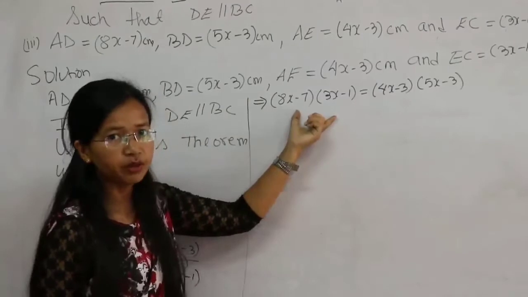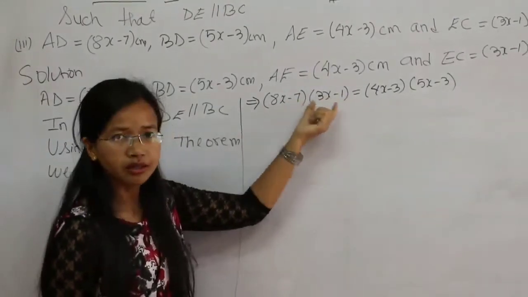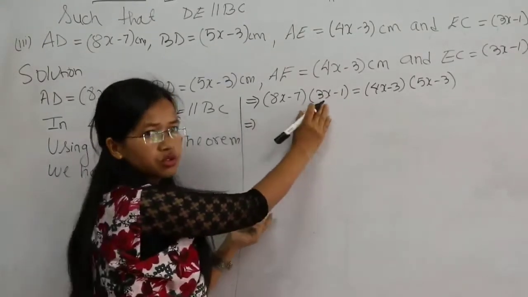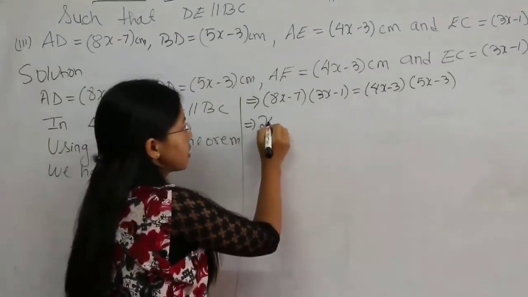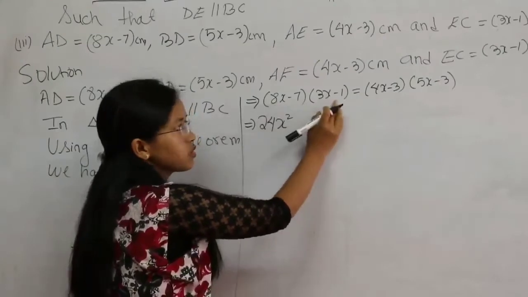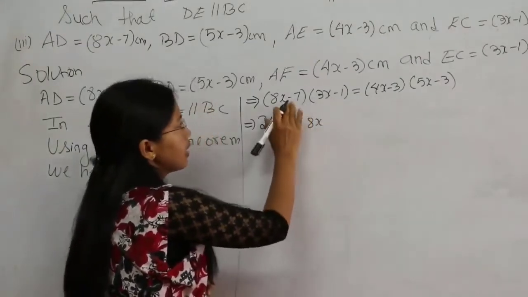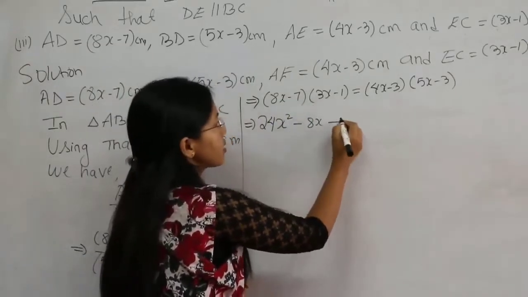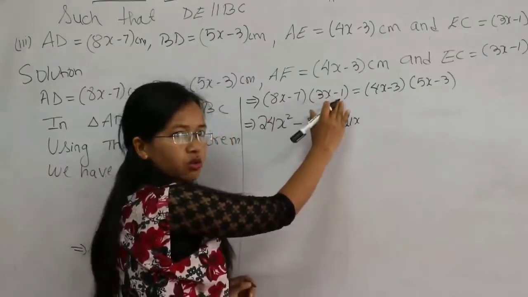Right. So what will we do here? We need to find the value of x. So we will multiply all the terms with each other. Here 8x into 3x. 8 into 3, we know 24. So it is 24x into x is x square. 8x into minus 1, it will be minus 8x. Minus 7 into 3x, it will be minus 21x. Minus 7 into minus 1, what will it be?